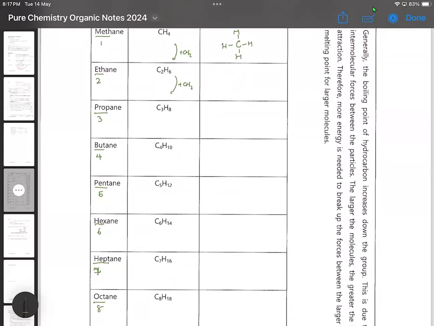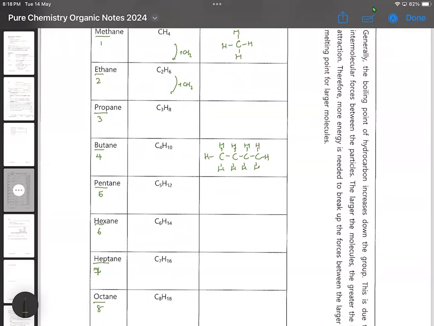Let's look at butane. So 4 carbon, how do we draw 4 carbon? Normally, they are in a straight line. So we have 4 hydrogen at the bottom, 4 hydrogen at the top, 1 on the left, 1 on the right. So you have your butane.